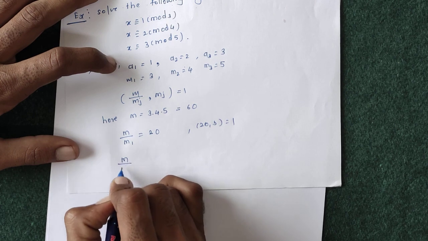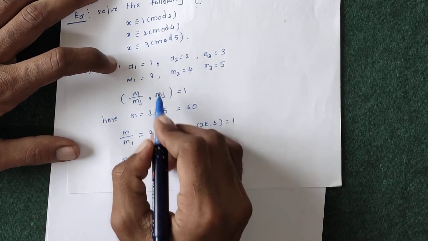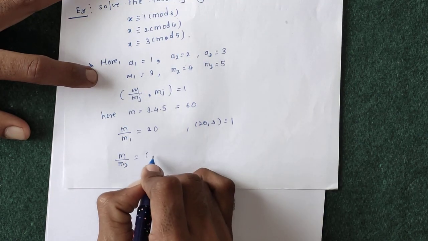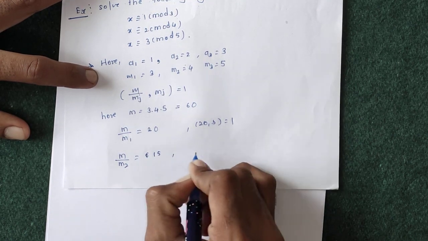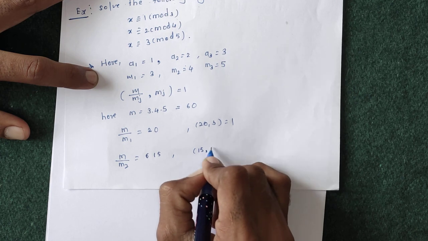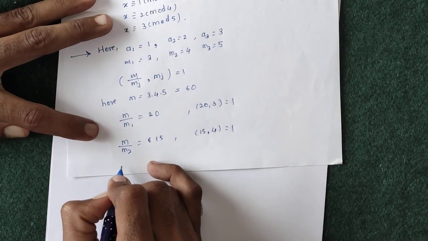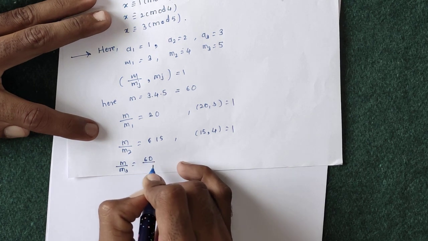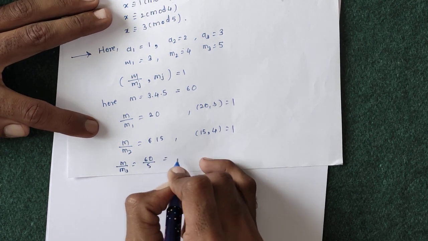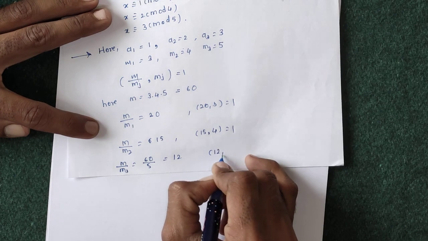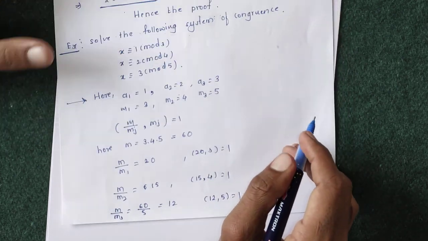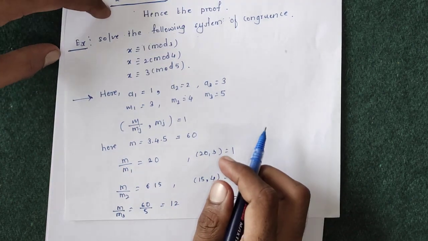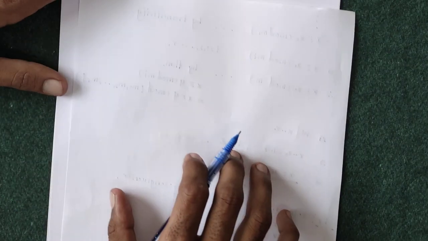Now m by m2, that is 60 by 4, which is 15, and GCD of 15 with 4 is again 1. Similarly m by m3, that is 60 by 5, which is equal to 12, and GCD of 12 with 5 is 1. So GCD of m by mj with mj is 1. So our condition of the theorem is satisfied.